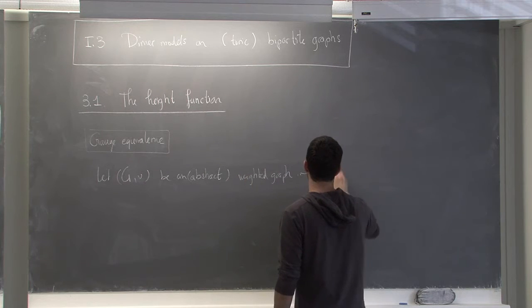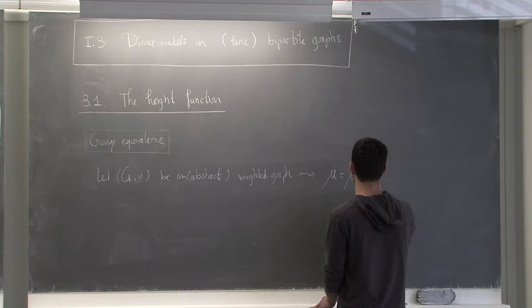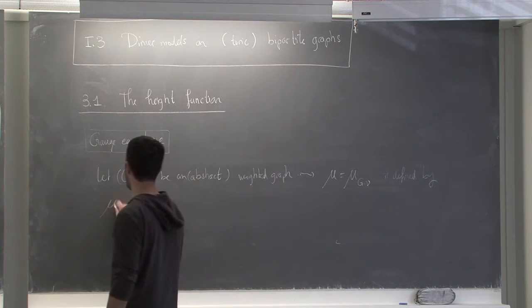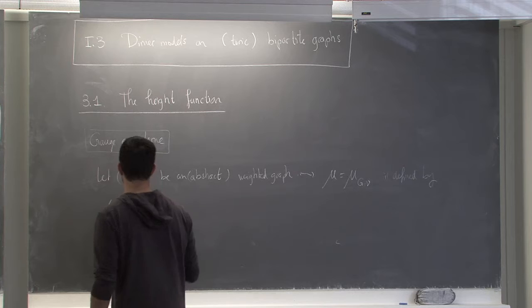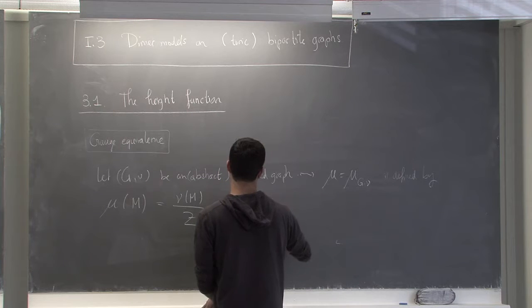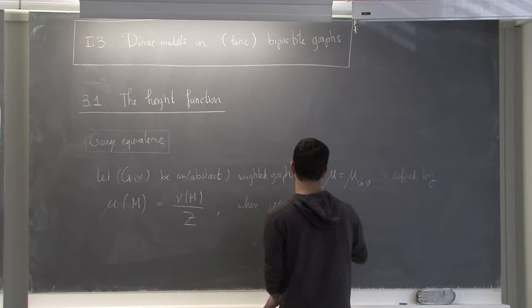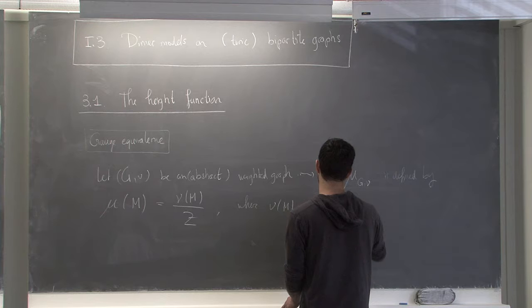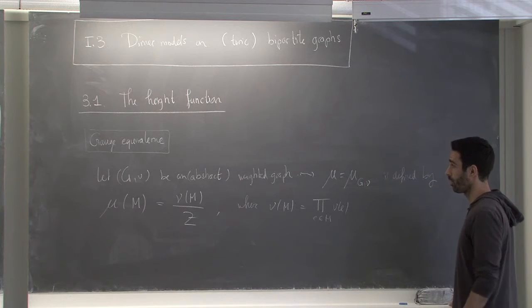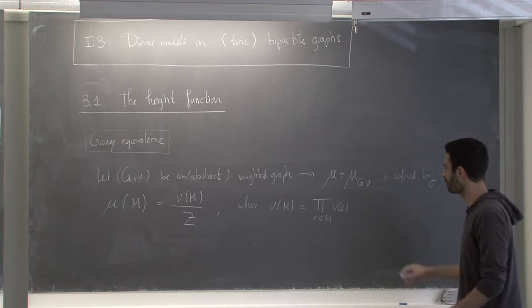Then remember we had defined a measure, so the dimer model is defined by the measure of a perfect matching being equal to this, where we just take the product of the weights of the edges in a perfect matching or dimer configuration.